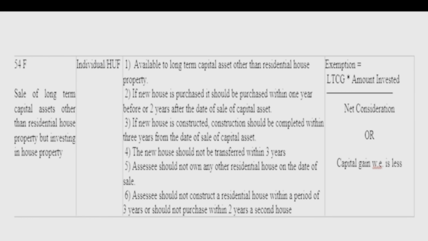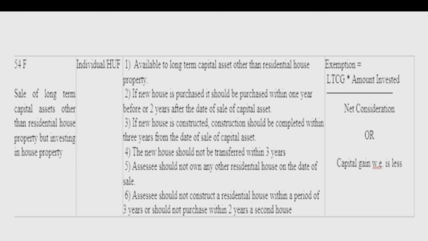So here you can check out in a nutshell what Section 54F is. It is available for individuals and HUF, and only for a long-term capital asset other than a residential house property. Then you have certain criteria, like when the new house has to be purchased if the assessee is going for purchase, or what the time frame is if he is going for construction.